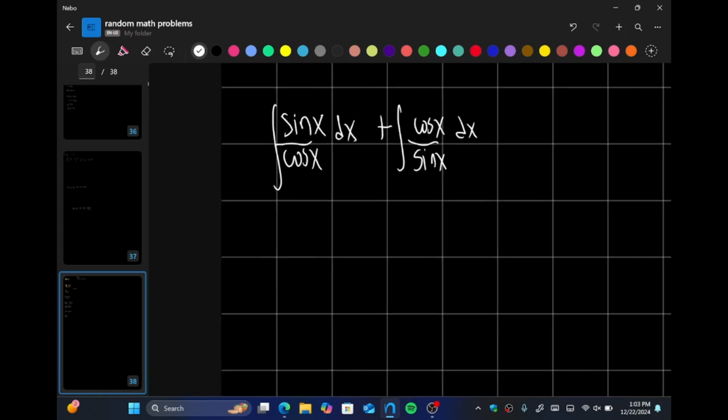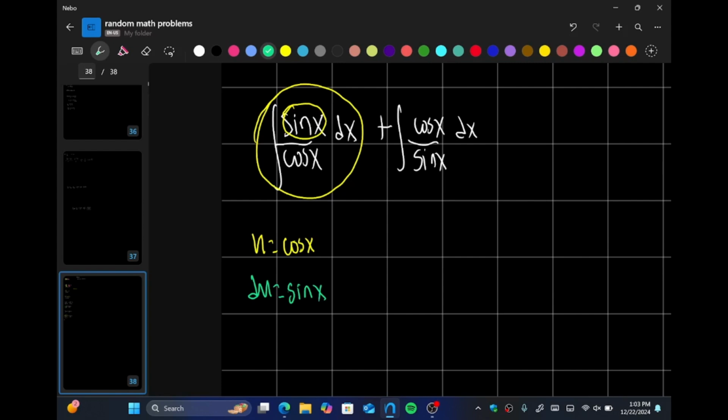Now, in this part, we're going to use u substitution. So u is going to be cosine x, and then du will be negative sine x dx.